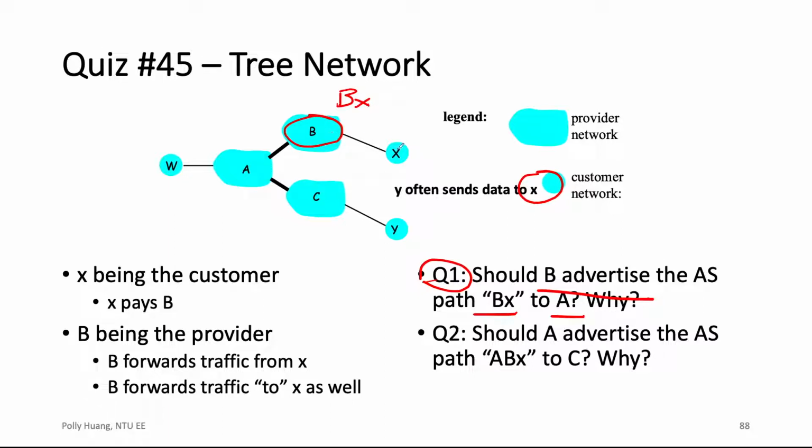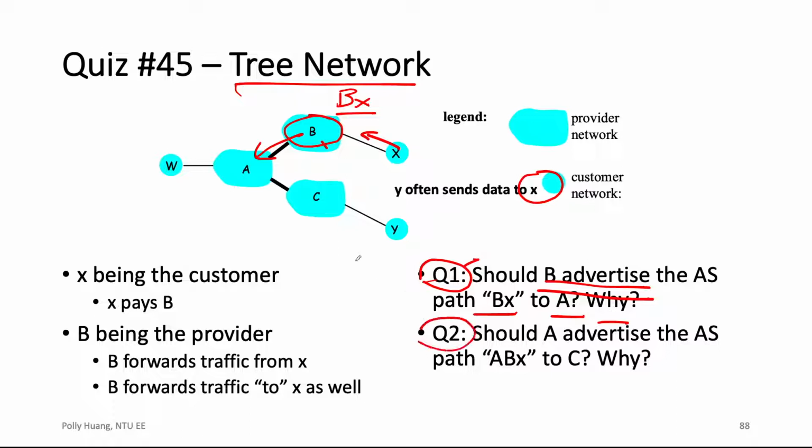So X will need to announce its existence to B, and that's when B discovers BX is a path to X. Now B here needs to decide whether to advertise the AS path BX to A. Okay, A is the only neighboring router. This is a tree network. So for Q1, do you think yes or no? Okay, and for either case, tell why.